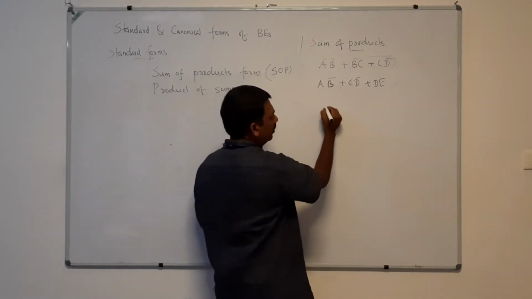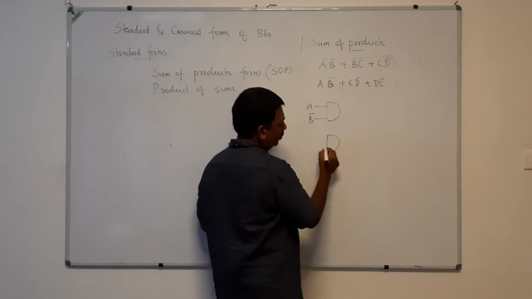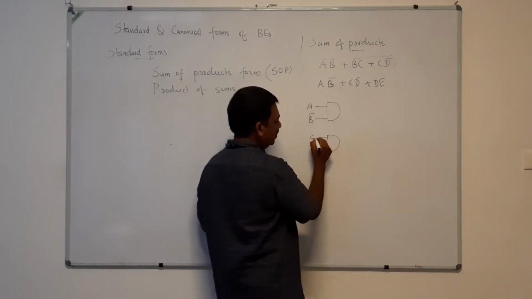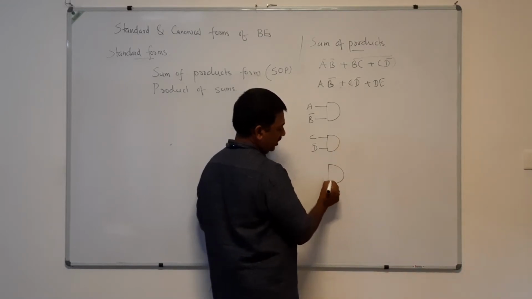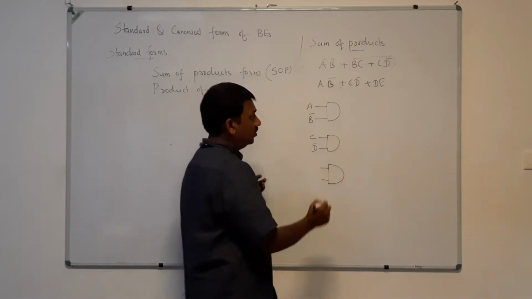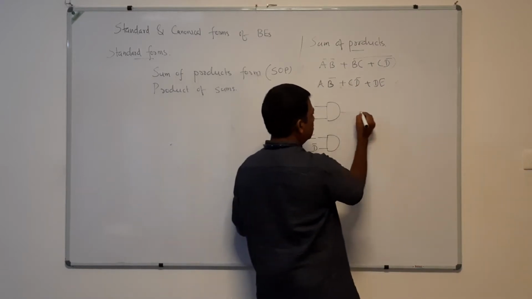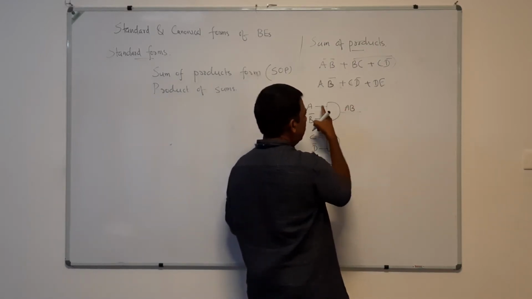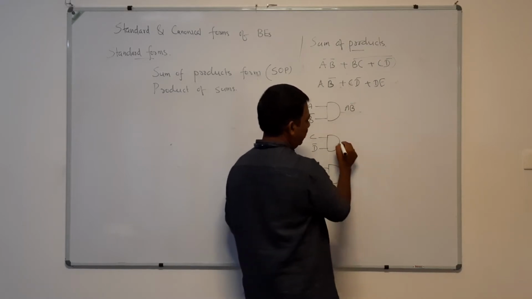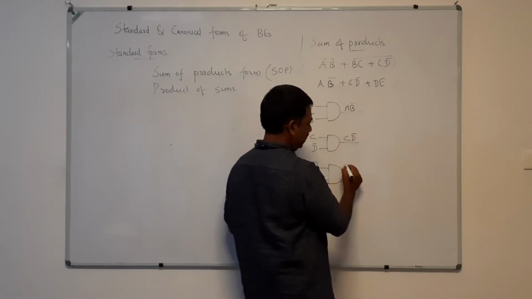We take an AND gate with inputs A and B bar, another AND gate with C and D bar as inputs, and another AND gate with inputs D and E. This AND gate multiplies these two and the product is AB bar, then CD bar, and DE.